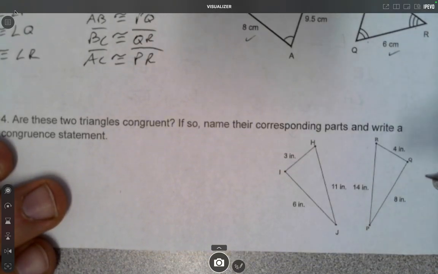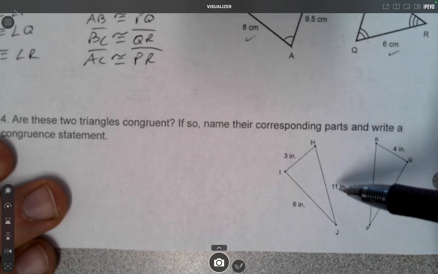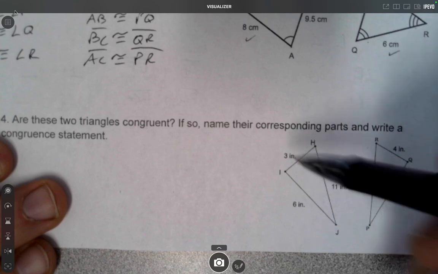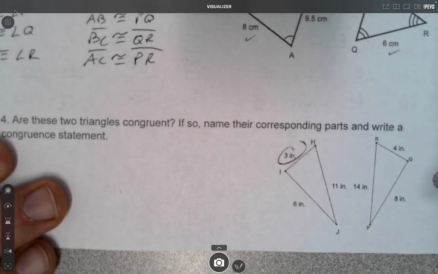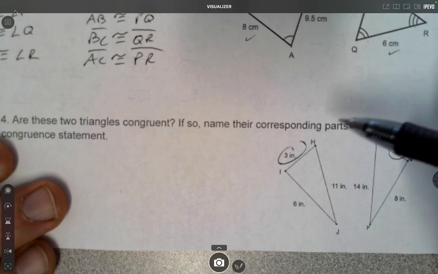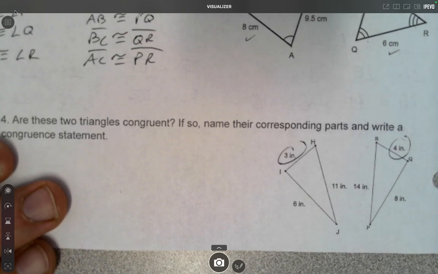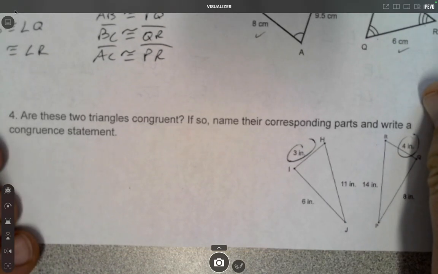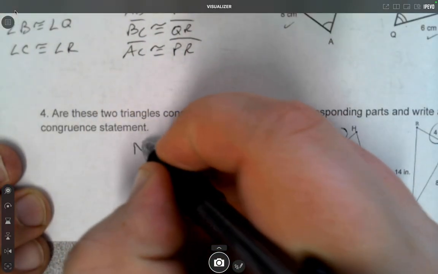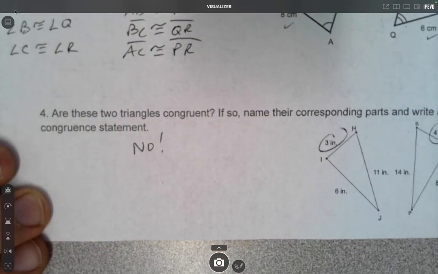I can't really look at arc 1 to 2 and 2 to 3, but I can say, okay, let's look at the smallest one. So as I look at this triangle, there's the smallest side. I look at this triangle, there's the smallest side. So right away we see things don't work. 3 is not congruent to 4, as you likely know. So we get to just say, no, they're not congruent, and don't have to write anything else.